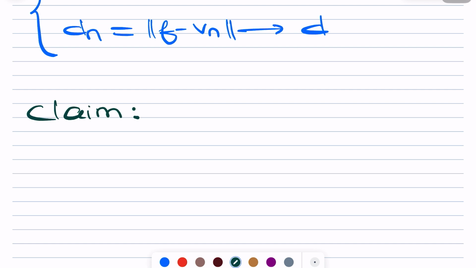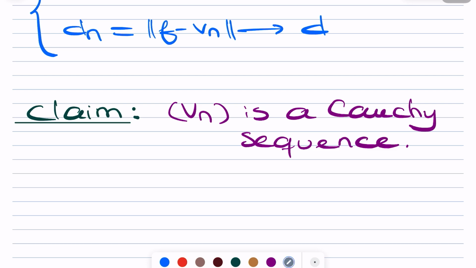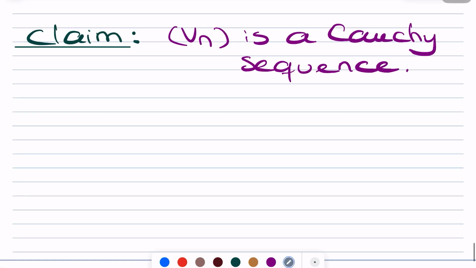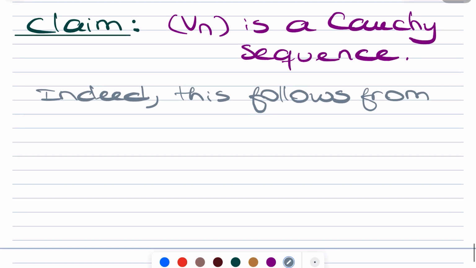Claim: v_n is a Cauchy sequence. The proof is not difficult. Indeed, this follows again from the parallelogram identity.